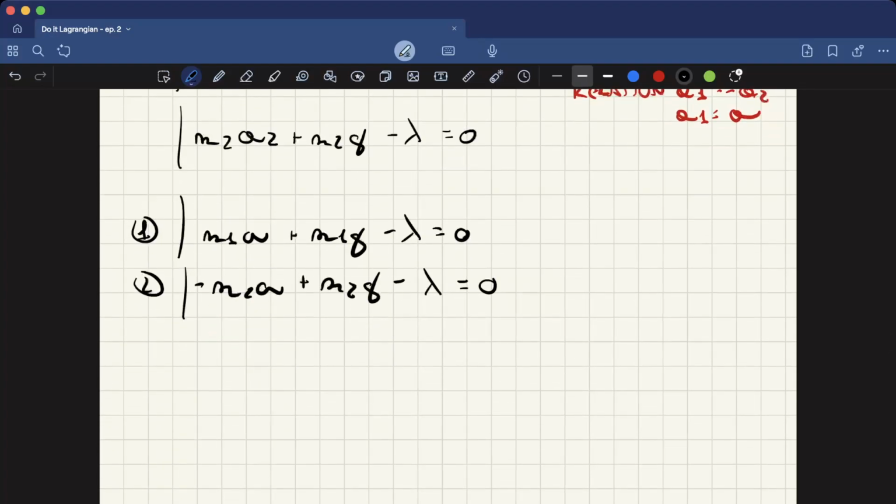Okay, and now, like before, we can just do the first equation minus the second one to have the total mass times the acceleration minus the difference between the two masses times g equals to 0.